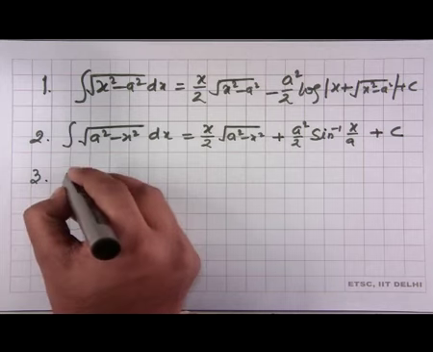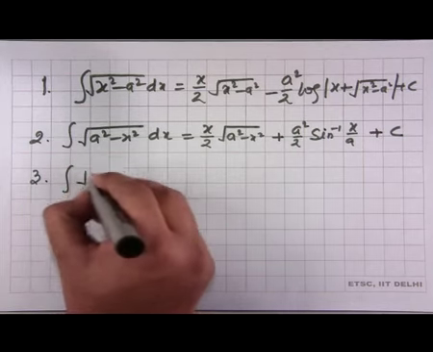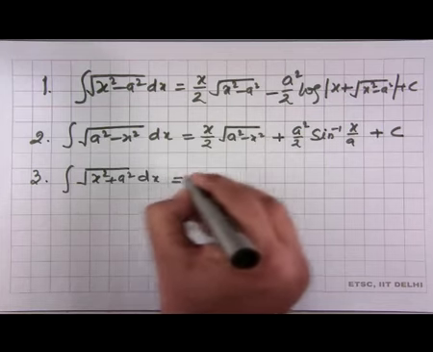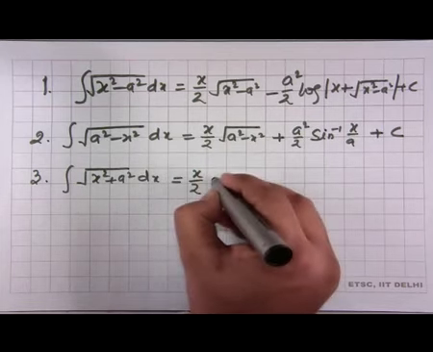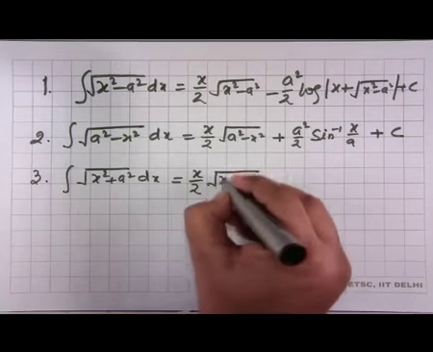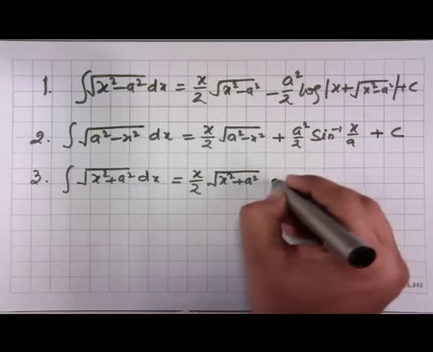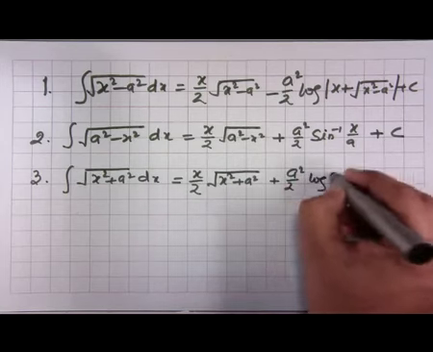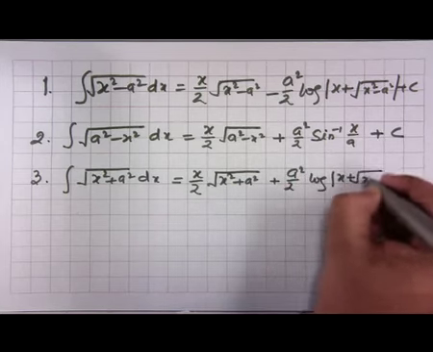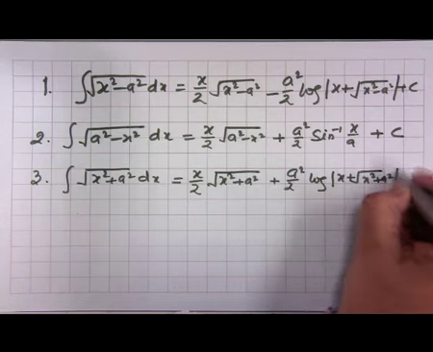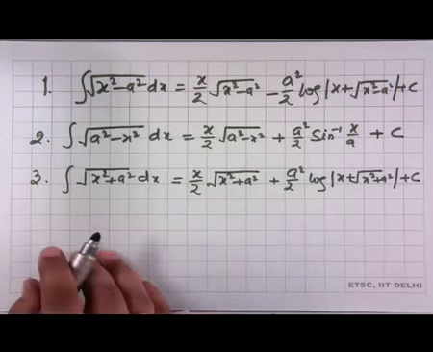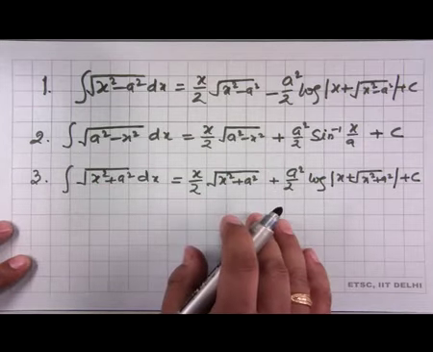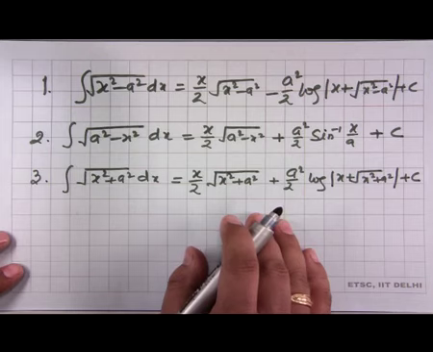Third is integration of square root of x square plus a square dx equals x by 2 square root of x square plus a square plus a square by 2 log of x plus square root of x square plus a square plus constant.